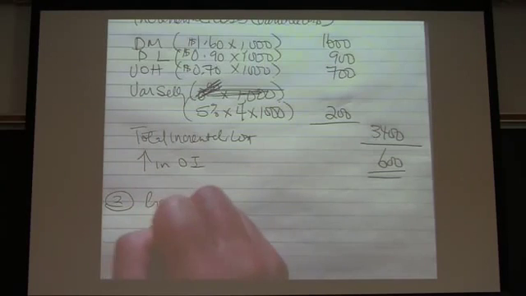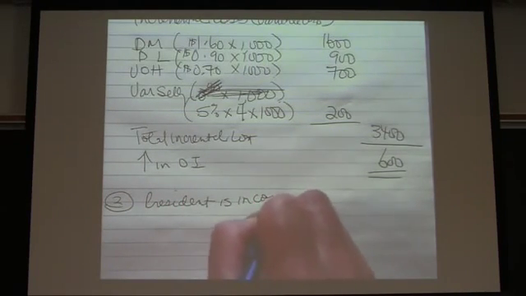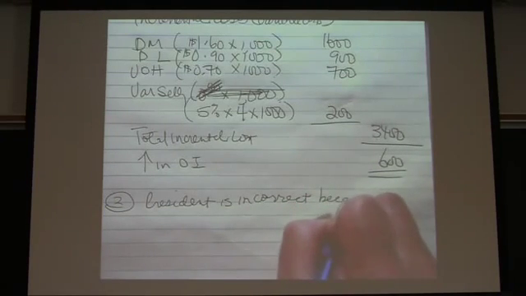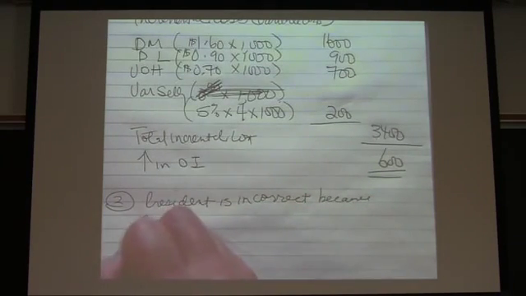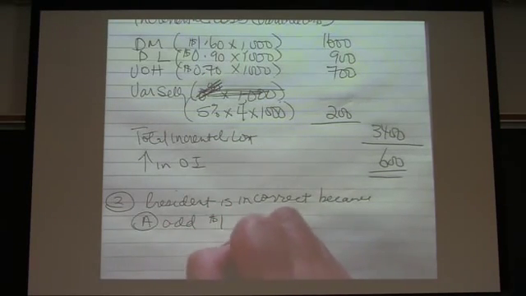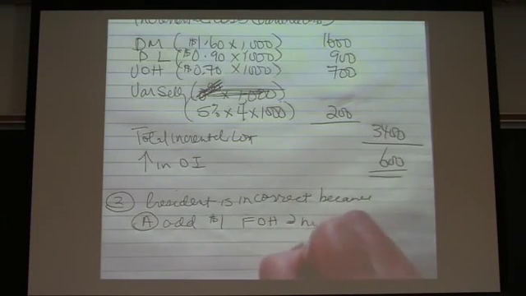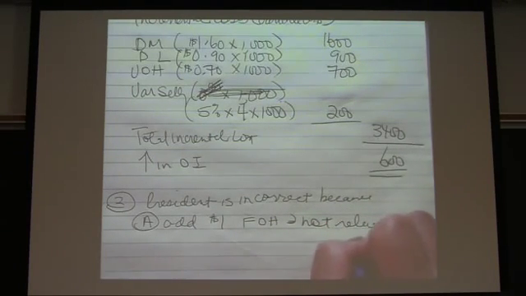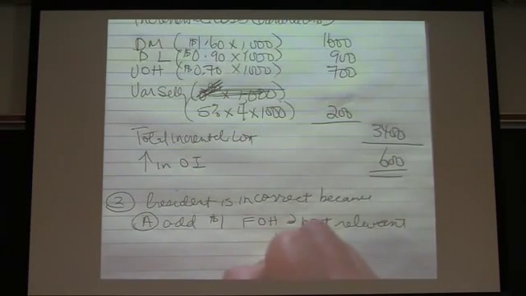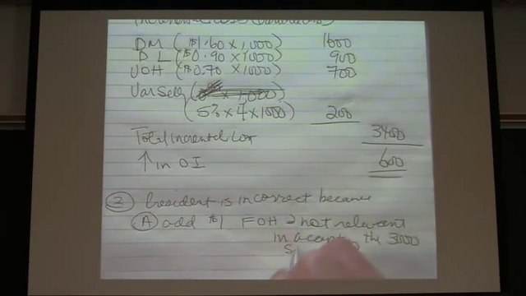The president is incorrect because, one, he added the $1 fixed overhead, which is not relevant in accepting the special order.